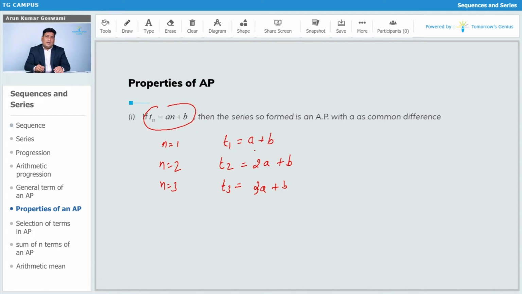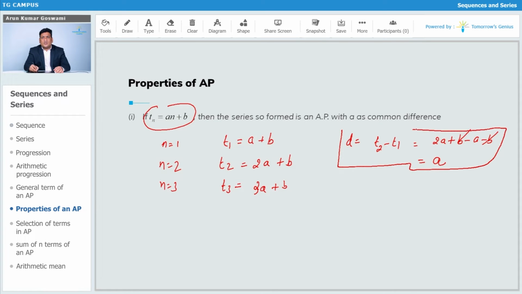Now just take the common difference of these. Are we getting the same common difference? So d, the common difference, is nothing but T2 minus T1, which is 2a plus b minus a minus b. So b cancelled out, and we got a. You can check with the next two consecutive terms also.